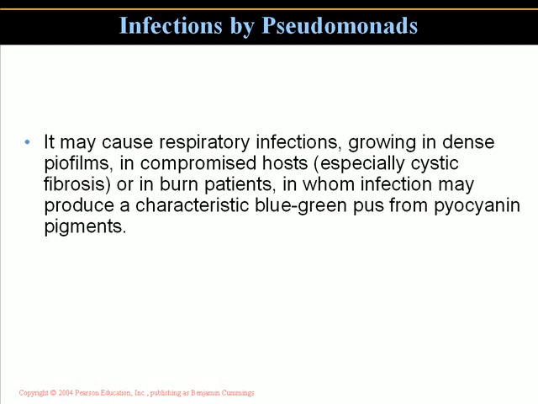We also see Pseudomonas in burn patients, where the infection produces a characteristic blue-green pus or pyocyanin pigment. So two major populations of patients that can suffer from Pseudomonas infections include cystic fibrosis patients and burn patients, and you should be familiar with that.